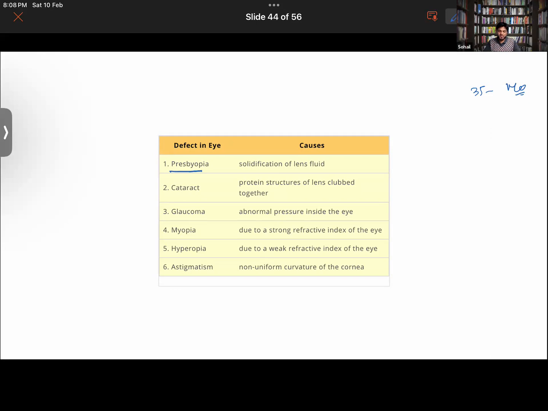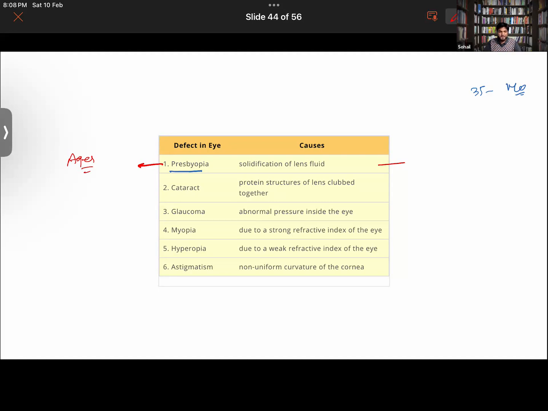Gradually, in presbyopia the person loses the ability to see the nearby objects clearly. This is one of the diseases that happens with age. As the age of the person increases, this is seen to happen in people.